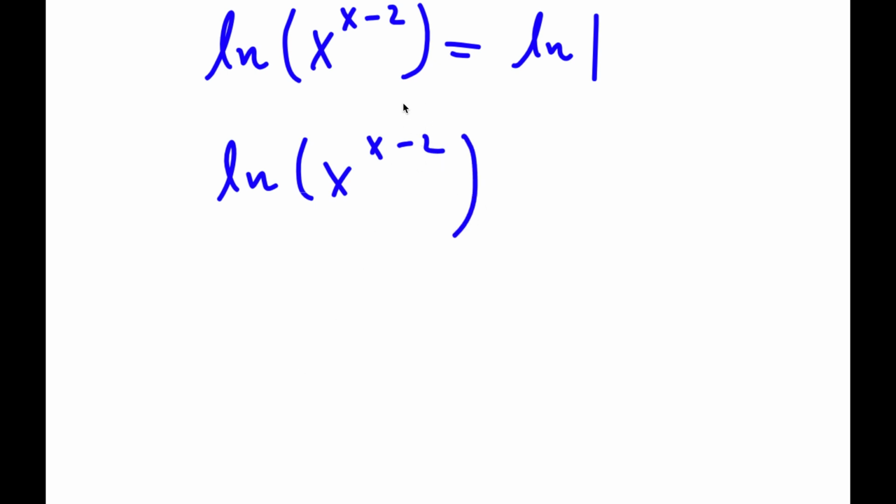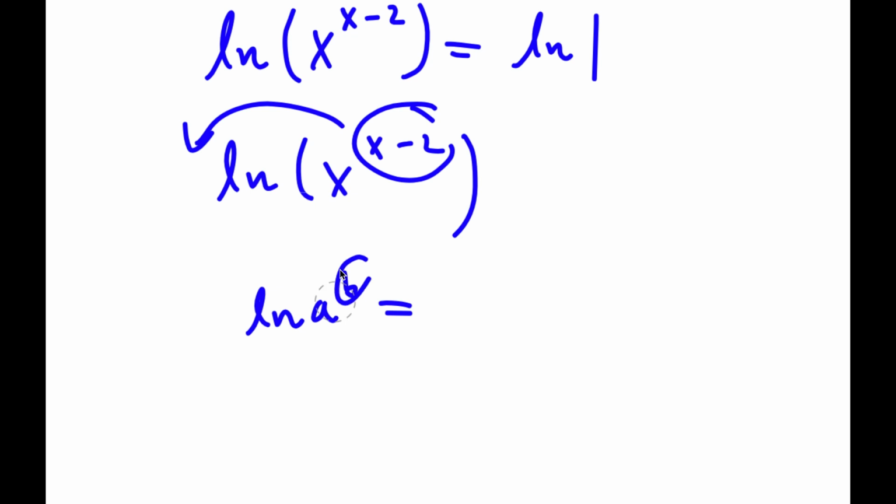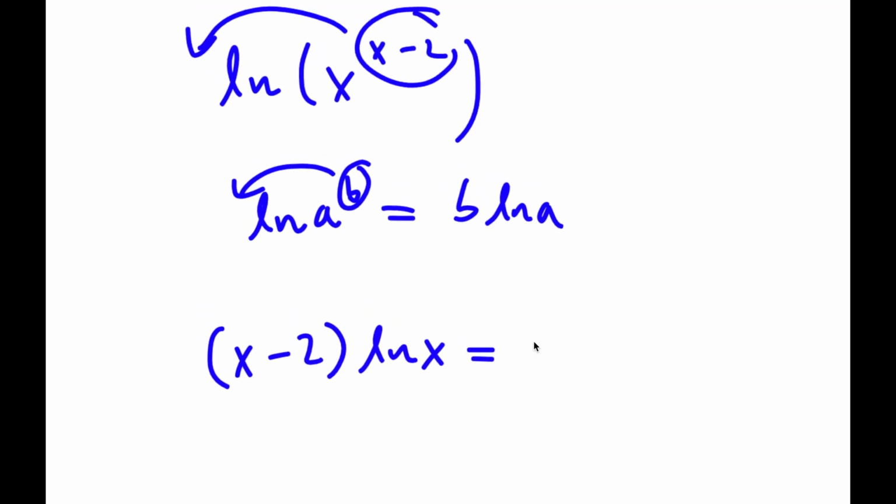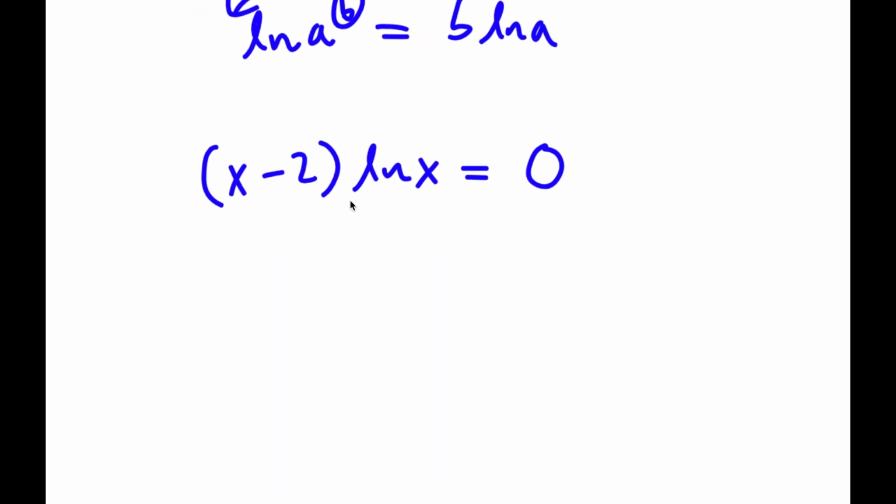Now I can actually move this to the front, because if I have something in the form ln a to the power of b, I can move b to the front. So this is going to equal b times ln a. So if I move x minus 2 to the front, I get x minus 2 times ln x is equal to 0.